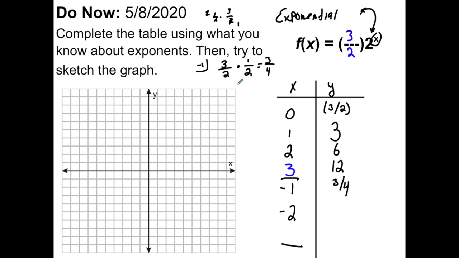And lastly, -2, right? I got the 3 halves, and then 1 over. So if I do 2 to the -2, that's 1 over 2 squared. 2 squared is 4. So 2 to the -2, right? That's 1 over 4, and that would be 3/8.